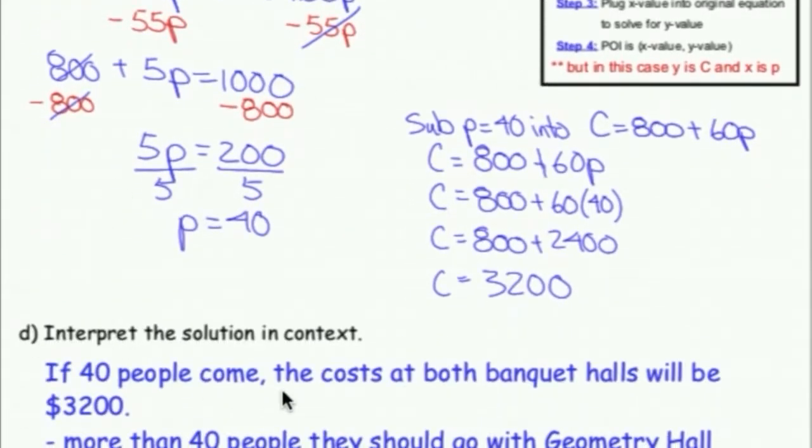So if they equal the same at 40 people, and we're going to have more than 40, we want to go with the geometry hall because it's cheaper per person. If we have less than 40, though, we want to go with the other room.